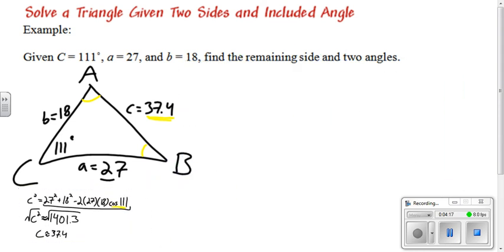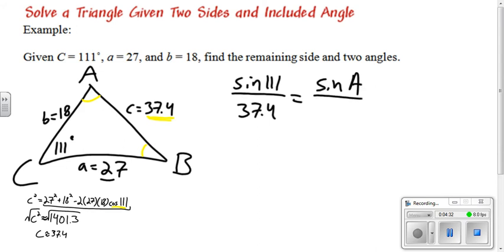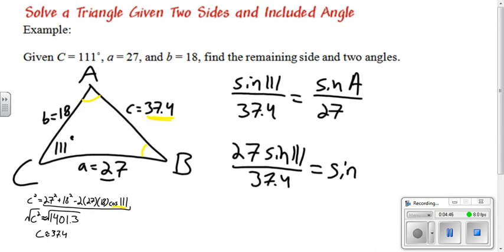At this point, we could just go back to using the law of sines, in which case we can say sine of 111 over 37.4 equals sine of A over 27. Solving then for A, multiply 27 across to get 27 sine 111 over 37.4 equals sine A.